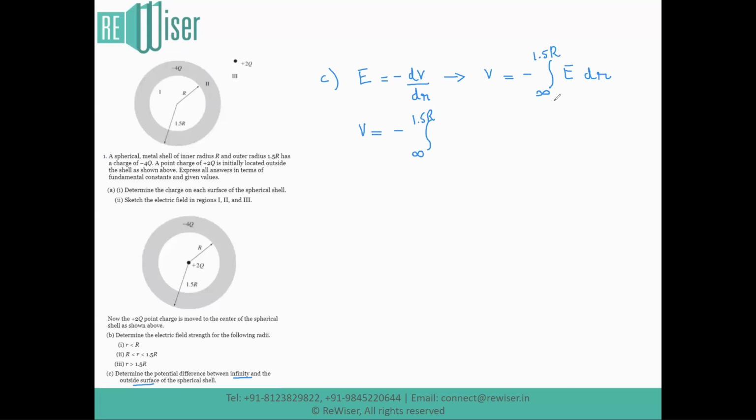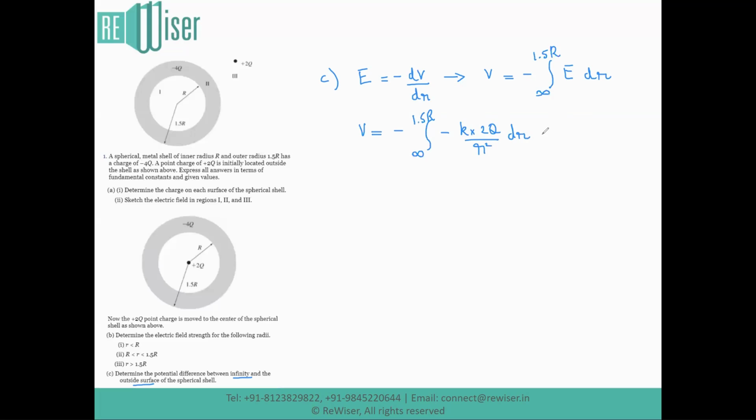And I know for this, the electric field equation is obtained under part 3 of the subsection B, which was minus K into 2Q divided by r square dr.